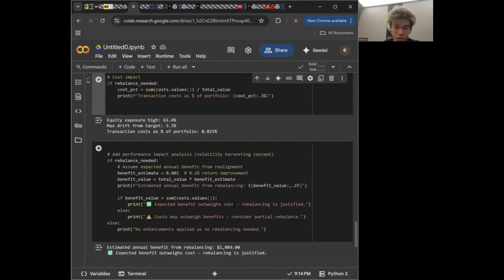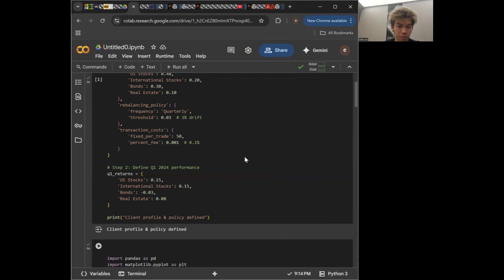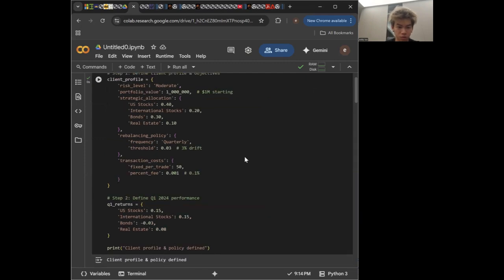In summary, this project was very clear, showing the power of the rebalancing decision. The first time I used 5% as a threshold, which didn't trigger any rebalancing event.